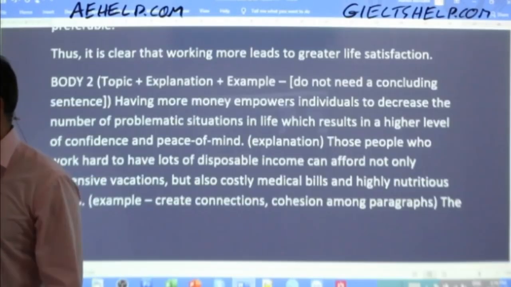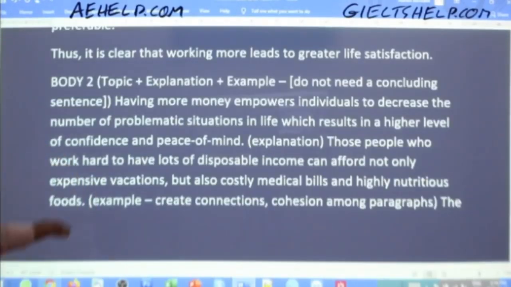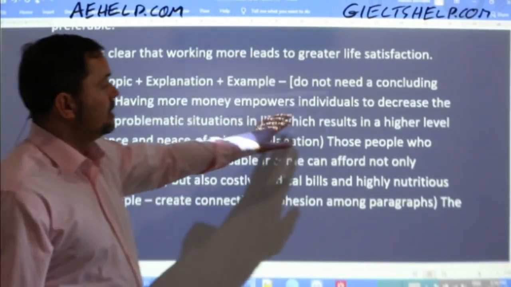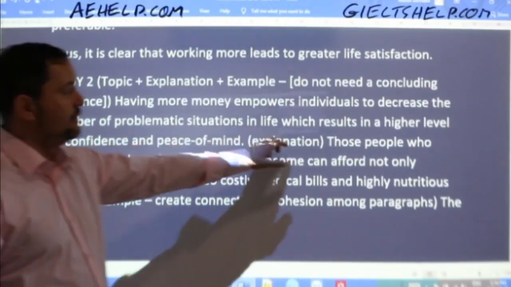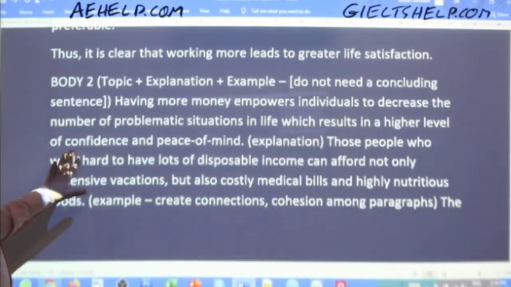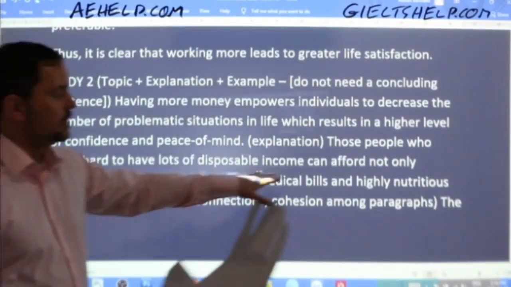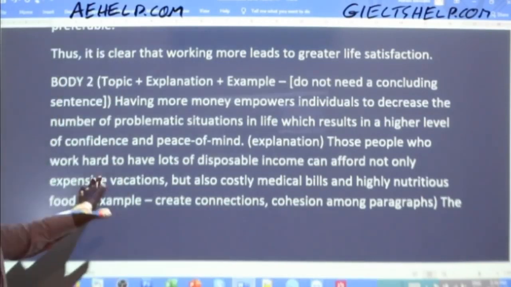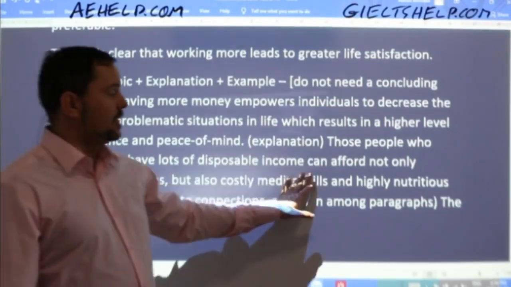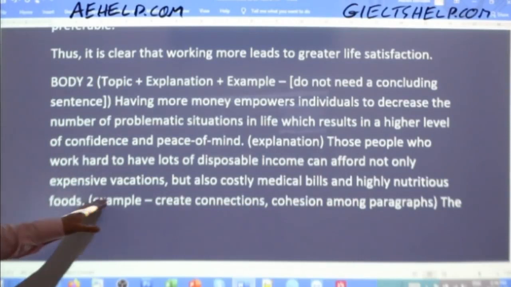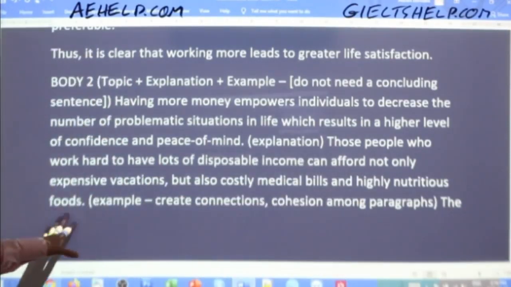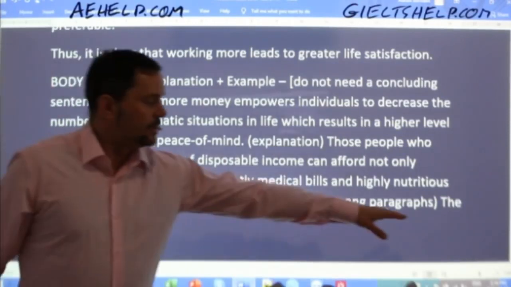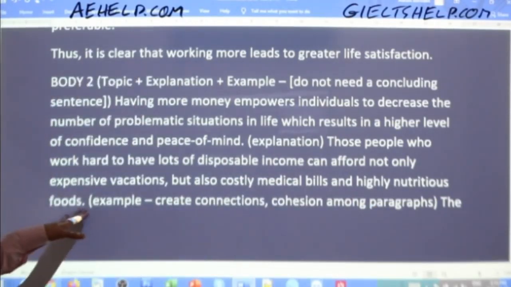Okay, so here is my body paragraph 2. Having more money empowers individuals to decrease the number of problematic situations in life, which results in a higher level of confidence and peace of mind. Those people who work hard to have lots of disposable income can afford not only expensive vacations, but also costly medical bills and highly nutritious foods. Notice how I don't use words like etc. and so on.